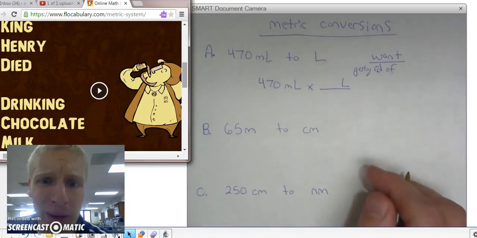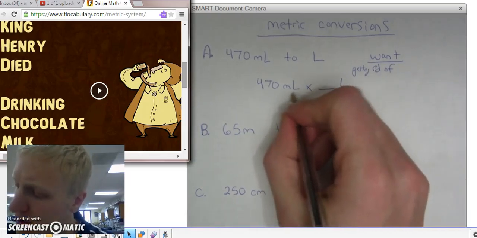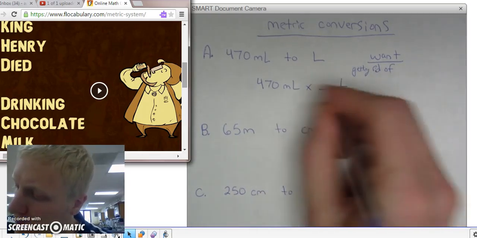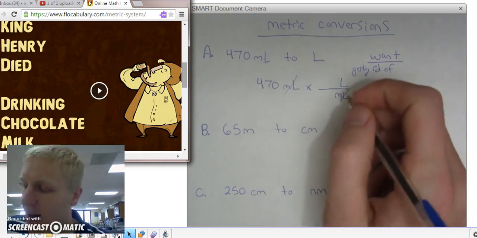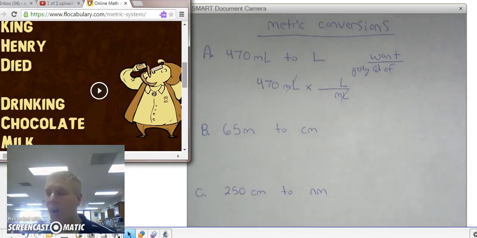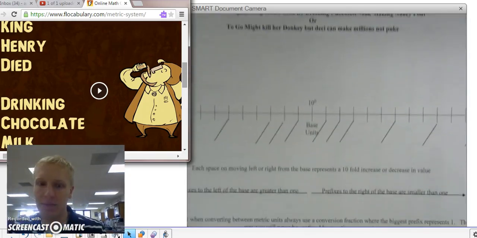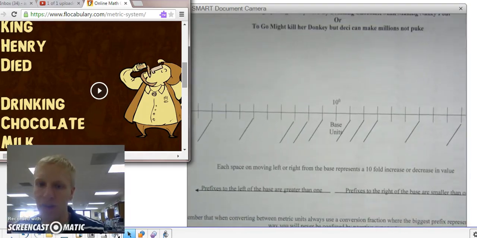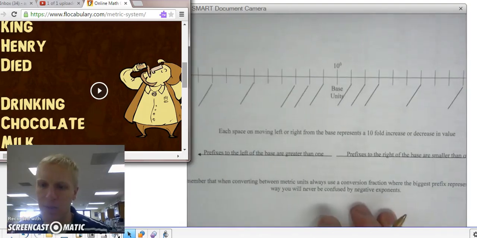So we're putting liters on top. And I always start with my units because it makes it a little simpler that way. Milliliters is what we're getting rid of, so that we can cancel it out. And now we've got to figure out how many liters are in 1 milliliter. Now, going back to that one sheet that looks like this, we talked about how all of the base units are represented by a specific prefix.